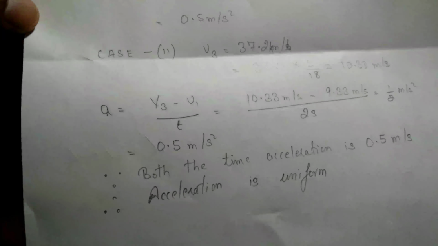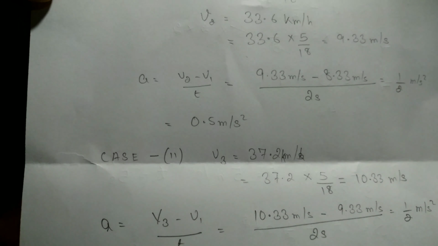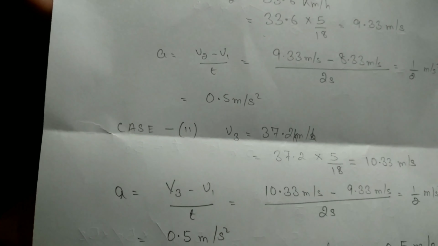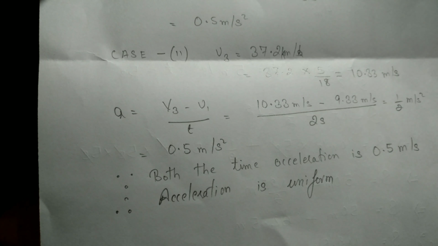While in the second case, my velocity changes from v2 to v3, which is from, you can see, v2 is 9.33 meter per second to 37.2 km per hour. Again, I have to convert this 37.2 km per hour into meter per second.